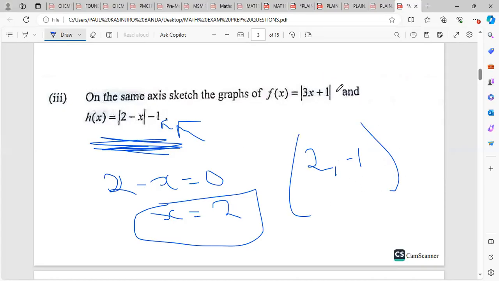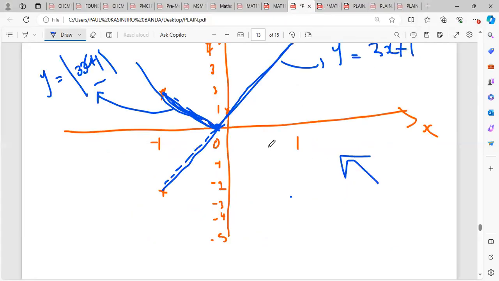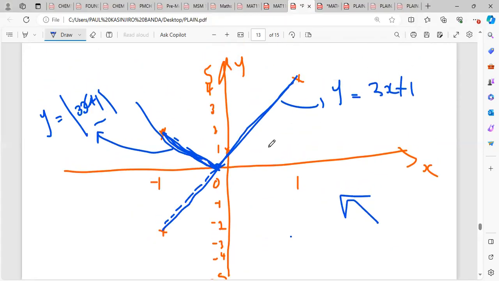In the previous one we had +0, meaning our graph was bouncing at (-1/3, 0). But here you have a -1, so the bouncing point now is (2, -1).